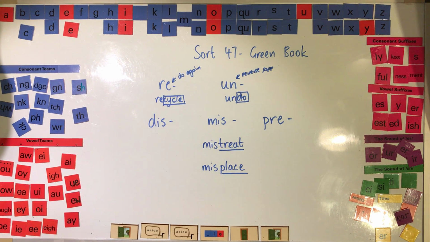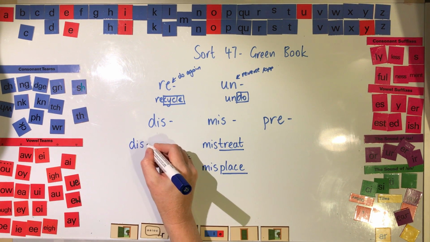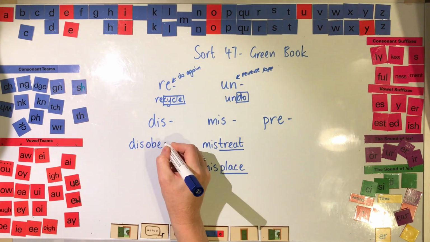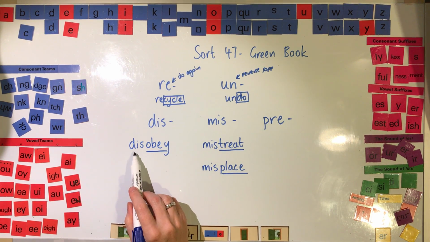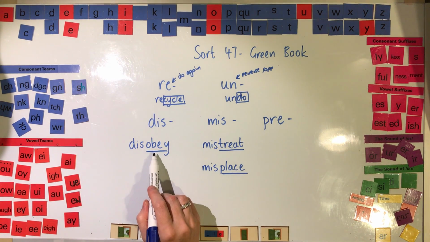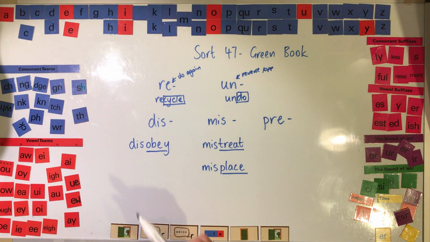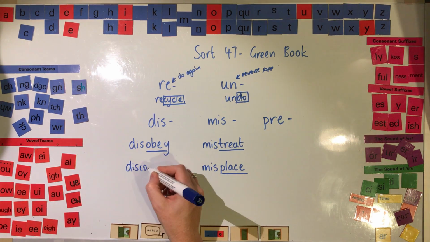Okay, let's look at some dis words. So we've got disobey. Our base word is obey, and dis, obey. So you obey or you disobey. Discomfort. What does discomfort mean?